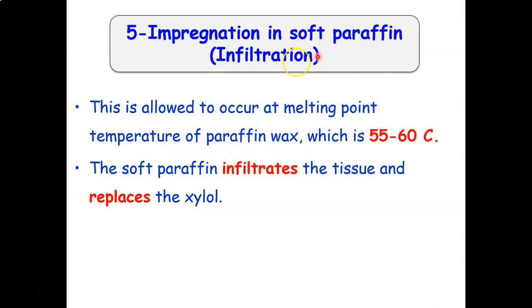When I say soft paraffin, to infiltrate the tissue by paraffin, this should occur in an oven with a temperature of 55 to 60 degrees centigrade. At this temperature, the paraffin will be in a liquid form, so I call it liquid paraffin, and the liquid paraffin infiltrates the tissue and replaces what chemical component within the tissue at this moment? Right, it is the xylene or the xylol.